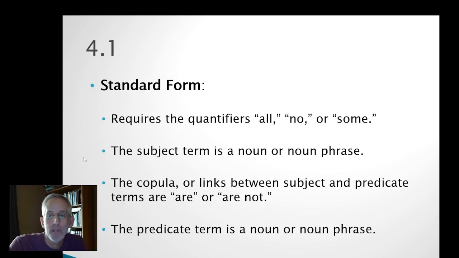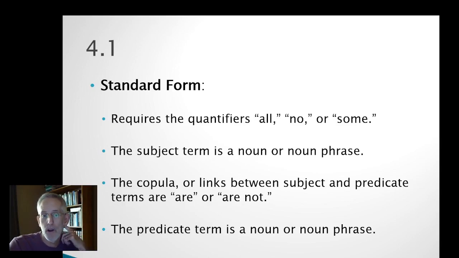The subject term is a noun or a noun phrase, the word or words that come right after the quantifier. So in all dogs are mammals, dogs would be the subject term. The copula, or the link between the subject and the predicate terms, is always are or are not. So I told you this in the other slide.